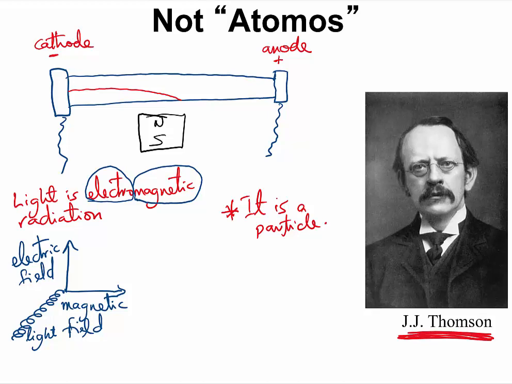J.J. Thomson decided to try something else. What about an electric field? So he removed the magnet and he brought two electrostatic plates, one that is positively charged, the other negatively charged. He brought them close to the tube.